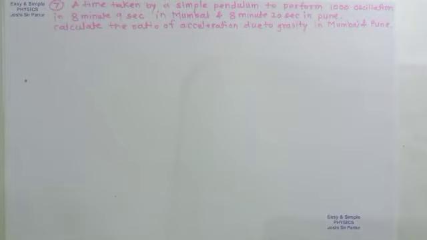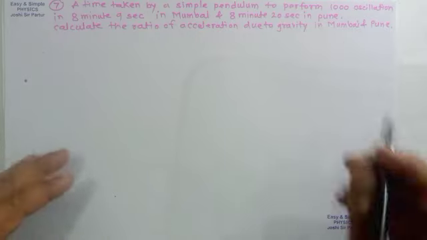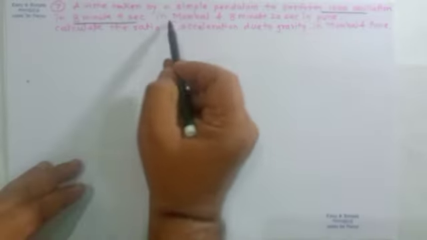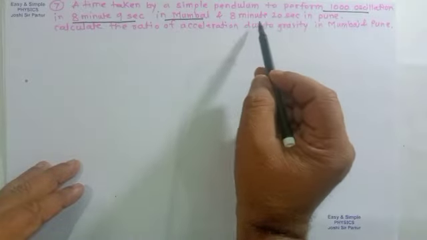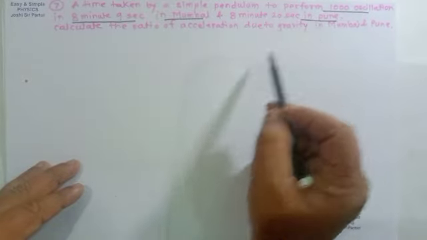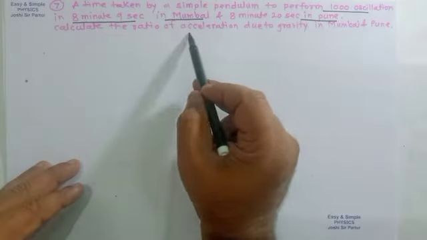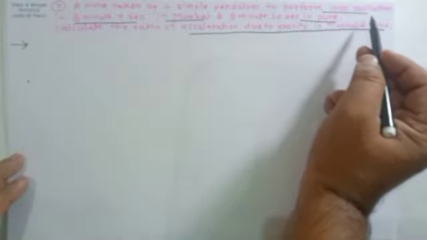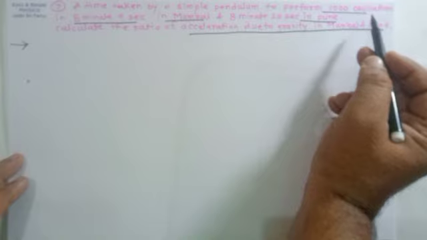Again, we solve: time taken by simple pendulum to perform 1000 oscillations is 8 minutes 9 seconds in Mumbai and 8 minutes 20 seconds in Pune. Calculate the ratio of acceleration due to gravity in Mumbai and Pune. So here 1000 oscillations and time are given.